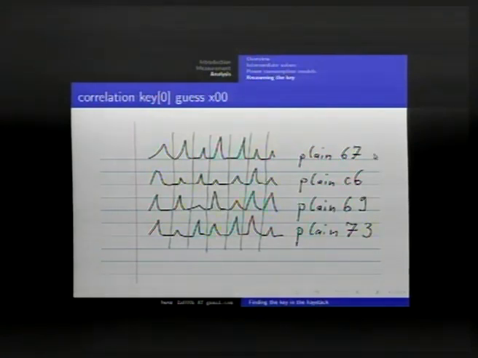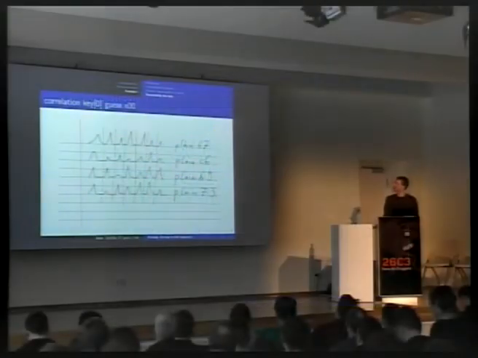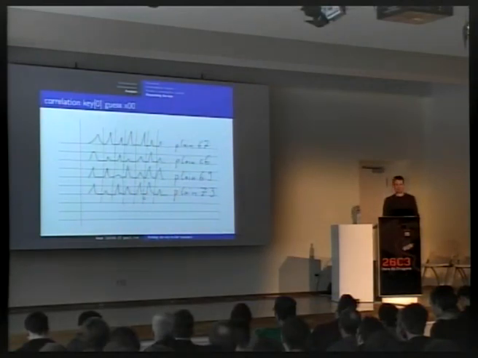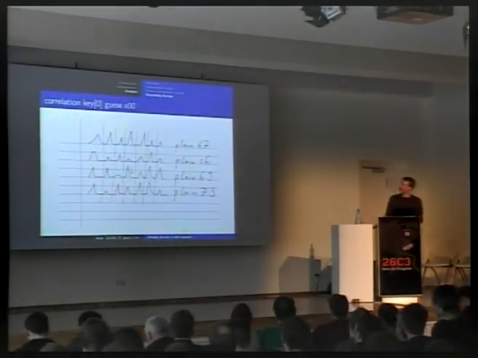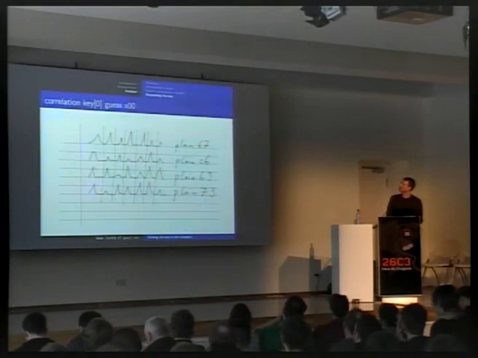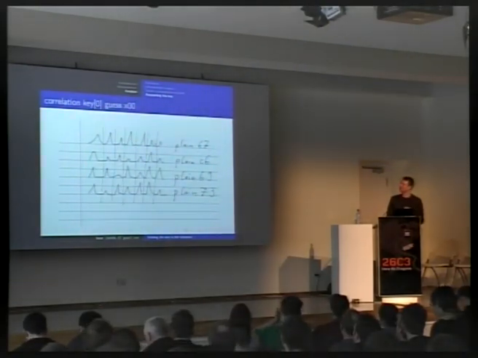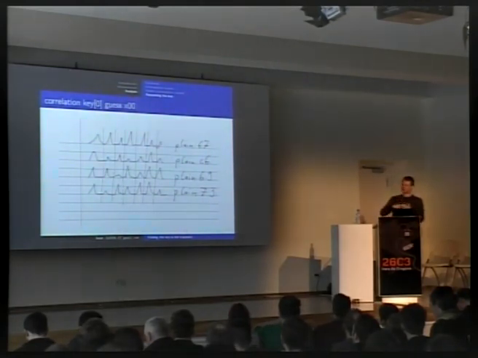We already said we do 4 plain texts, and so we get 4 power traces. Each peak here is a cycle. Usually you have to take every second because of the falling and rising edges varying.